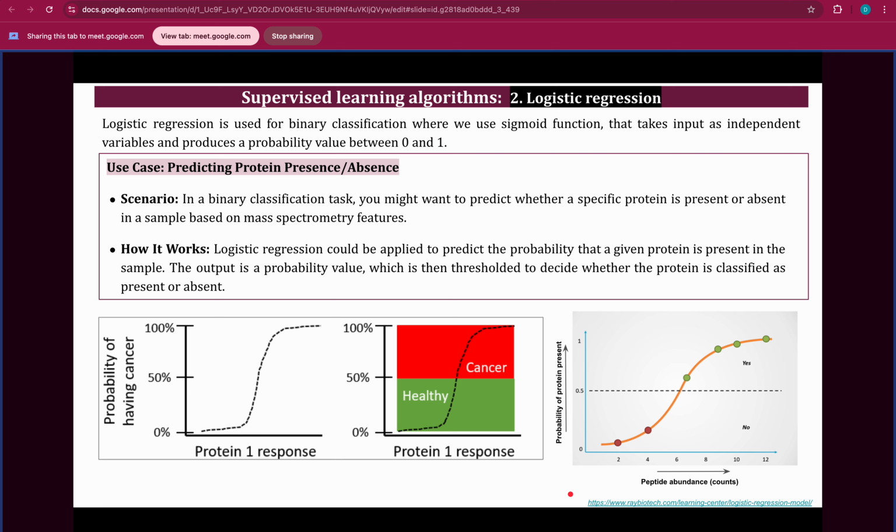We have taken a probability to decide when we will call a protein present, and when we will call it absent. On the basis of data points which are already available, we will see the values, take their probabilities, and decide when to categorize into either category. So this is about logistic regression, where we are dividing the data set into two categories.